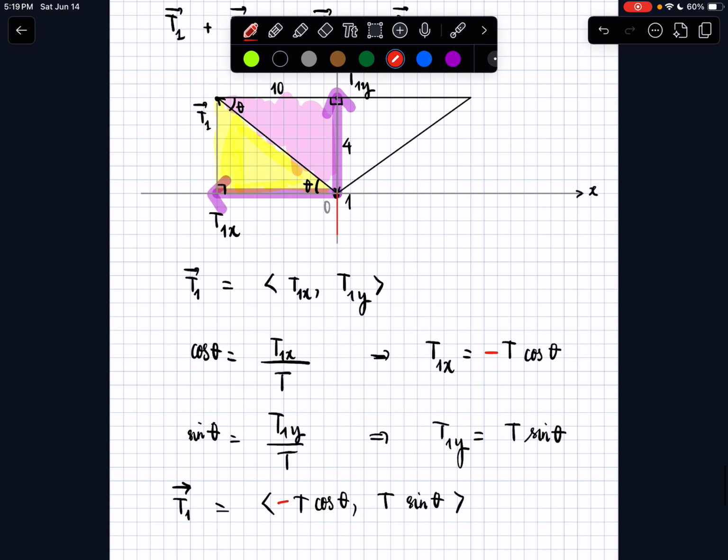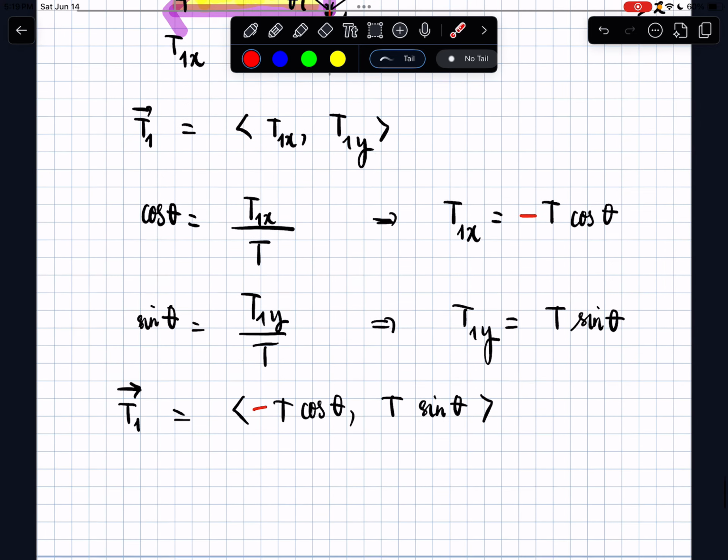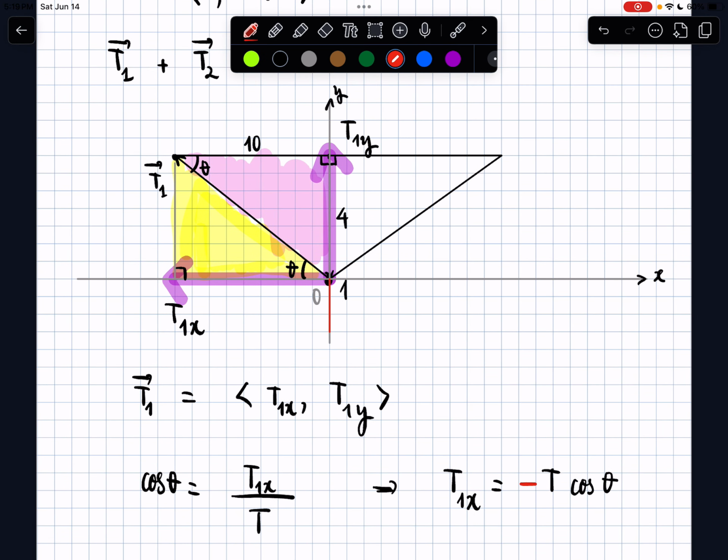Now, what is the angle theta? We're going to compute that. Sine theta is 4 divided by 10, this length divided by this length, which is 2 divided by 5.